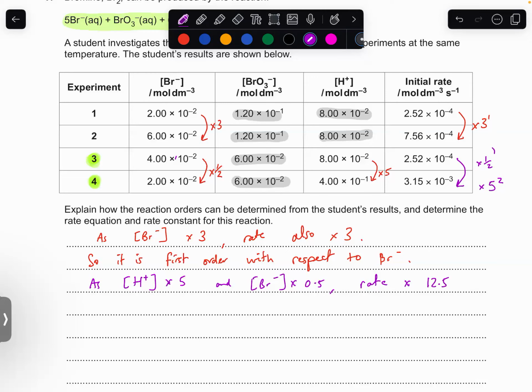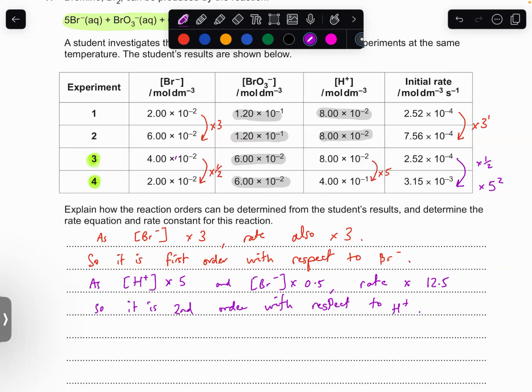Where does the 12.5 come from? Half times 5 squared, which is 25 times a half. So it is second order with respect to H plus.